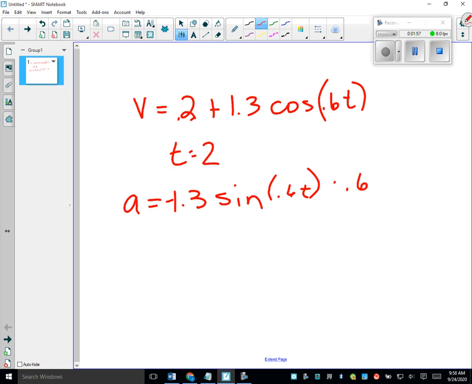I'm close. Negative 0.72. Okay, first of all, it's got to be 3 decimal places. Negative 0.727. Do you agree?